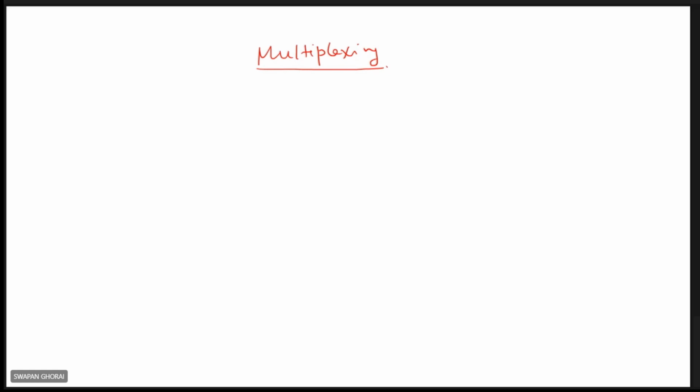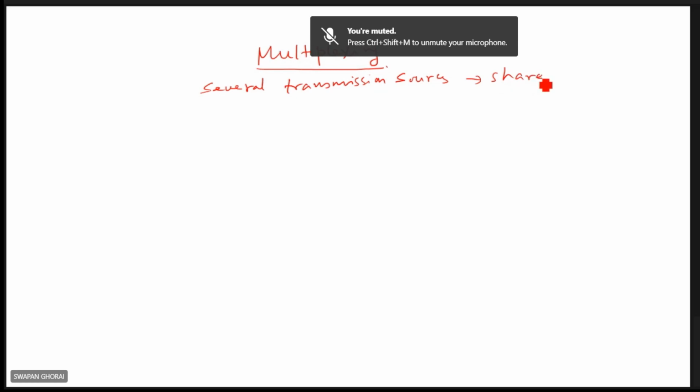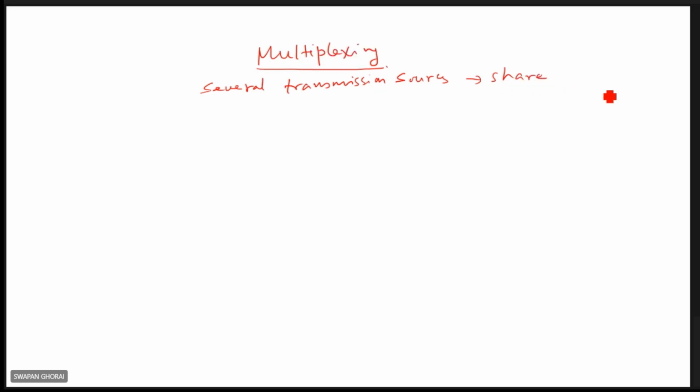So basically, in multiplexing, several data sources, several transmission sources, share the large transmission capacity.